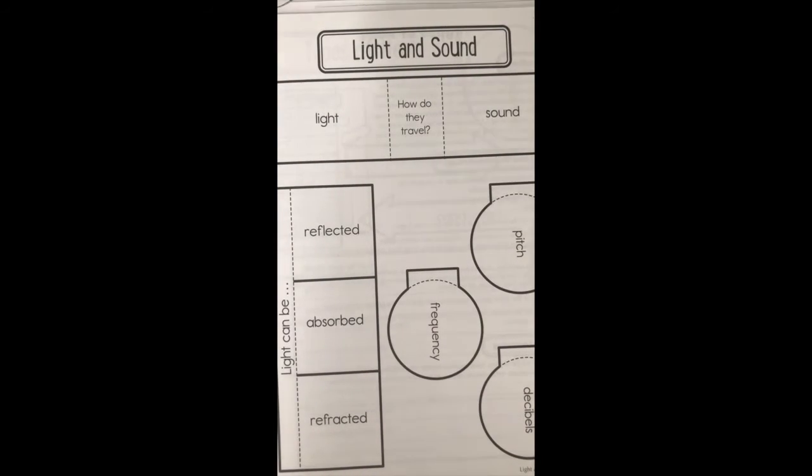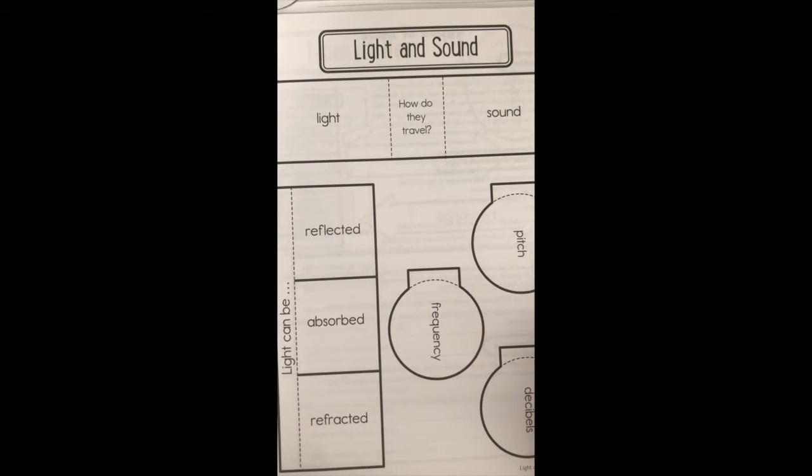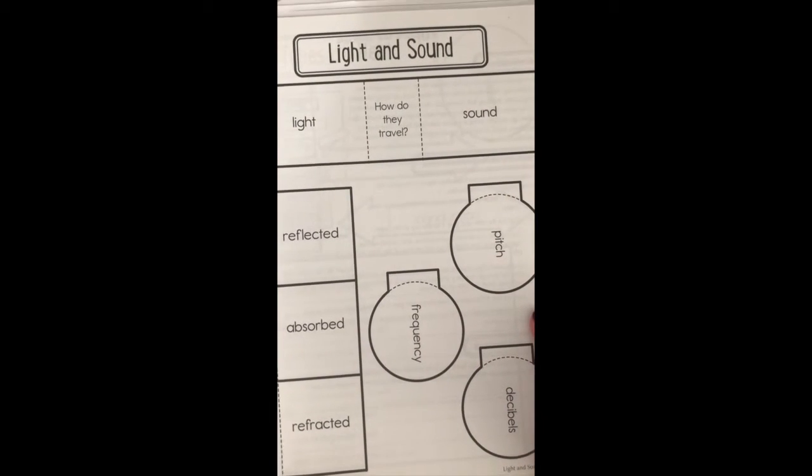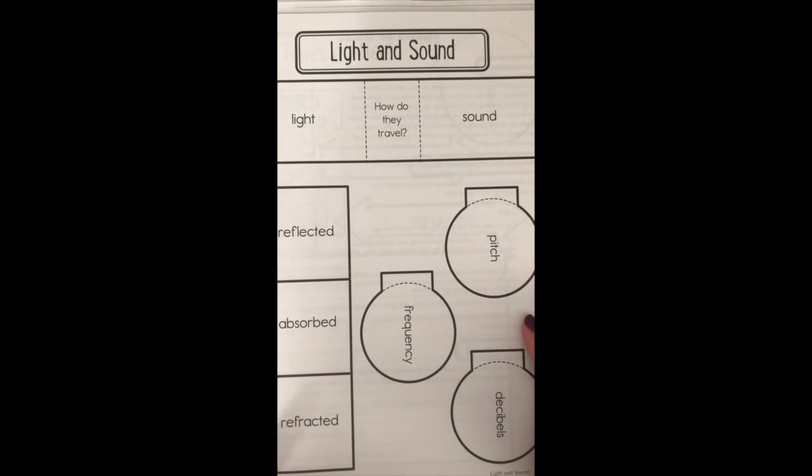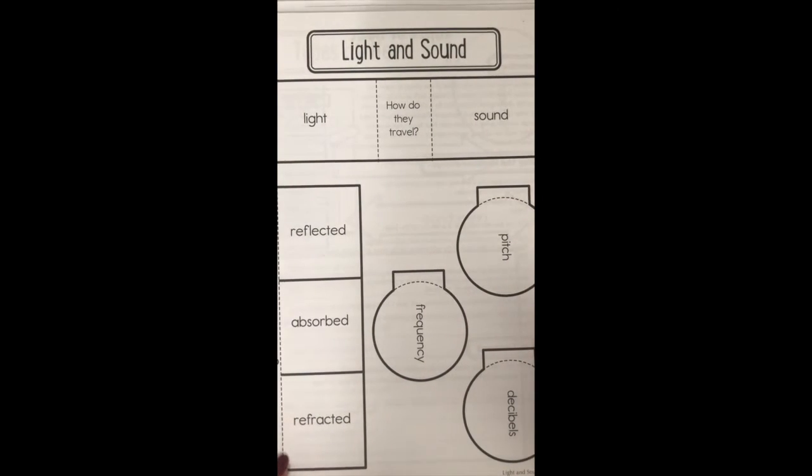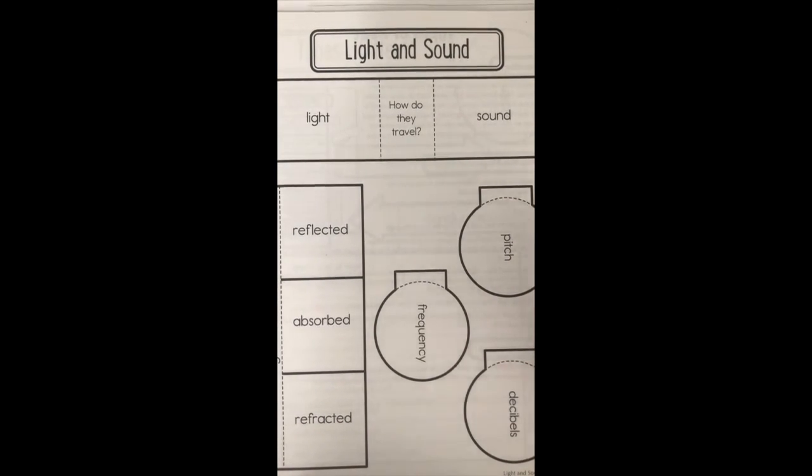Hi students, so we are going to go over our light and sound mini project for science for Tuesday. So the first thing you're going to do before you start your mini project cutting and gluing is you're going to watch the two videos that are linked below.